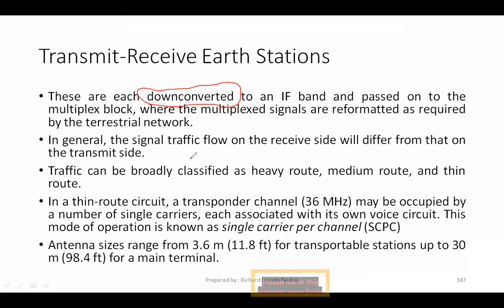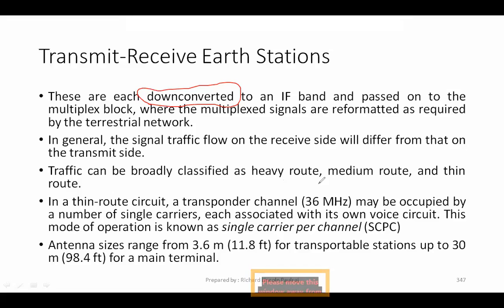Traffic can be broadly classified as heavy route, medium route, and thin route. Okay. So based on the traffic, based on the amount of information that is being passed from one end to the other. Okay.